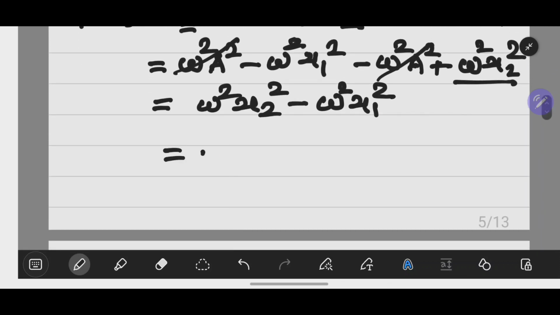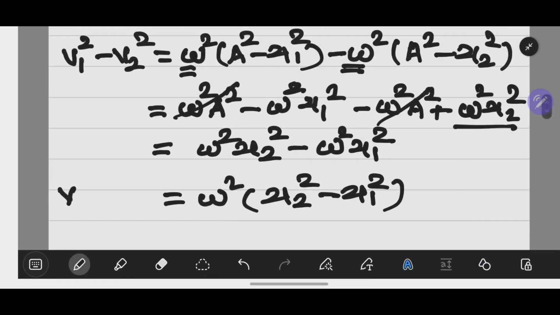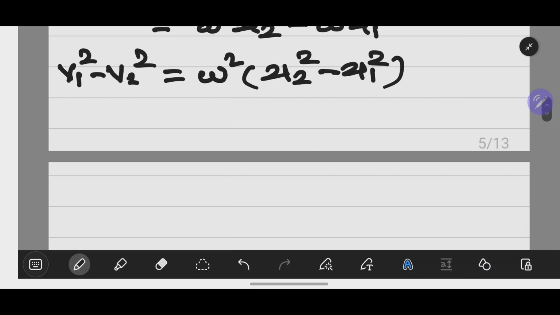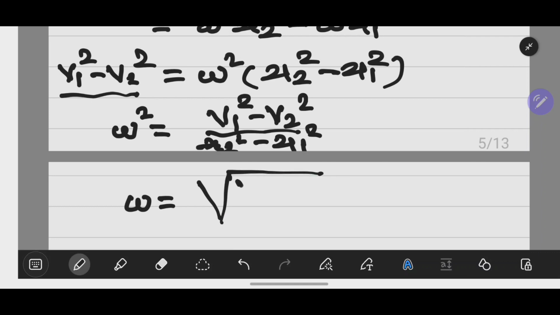If we take omega squared common in the bracket, x2 squared minus x1 squared, as it is equal to v1 squared minus v2 squared. Interchanging the position, omega squared is v1 squared minus v2 squared divided by x2 squared minus x1 squared. Then omega is equal to under root of v1 squared minus v2 squared divided by x2 squared minus x1 squared.